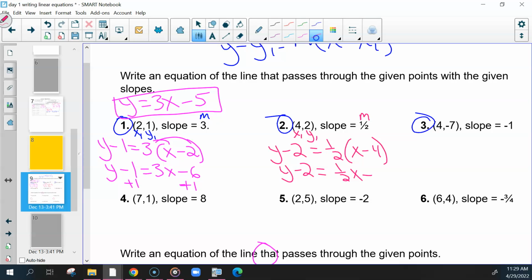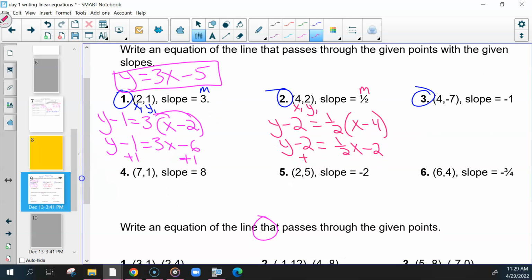That is negative 2. And then if we add 2, we would get 0. So y equals 1/2 x, or you can put 1/2 x plus 0, either or. Questions on that?